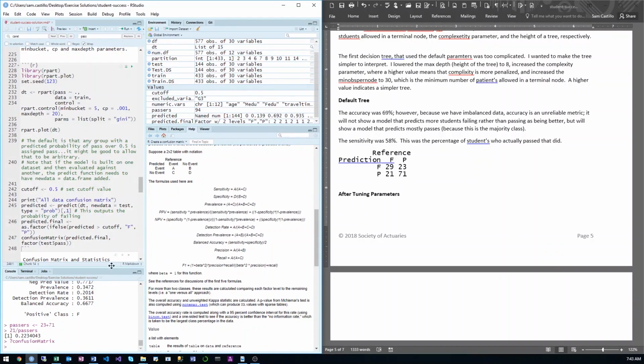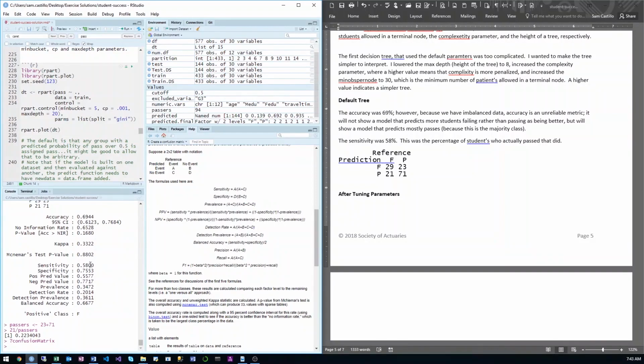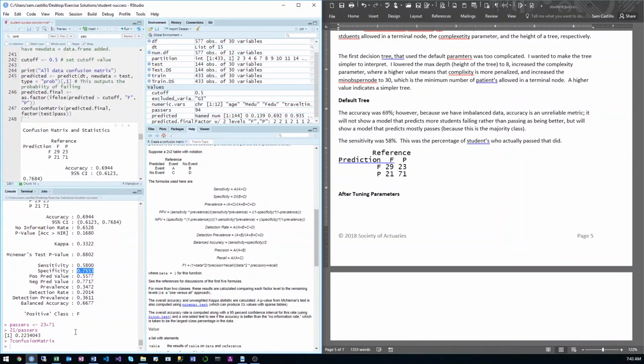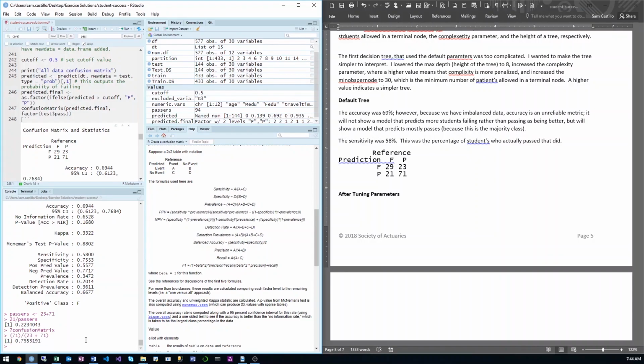So if I look here, specificity is 75%. So if I take D, which is 71, divided by B, which is 23 plus 71, I get 75%. And the specificity here is 75%.